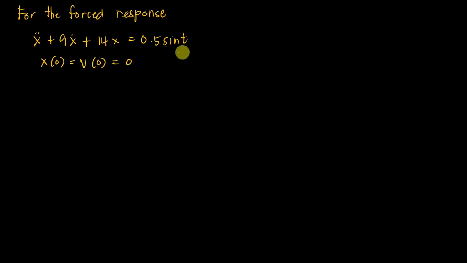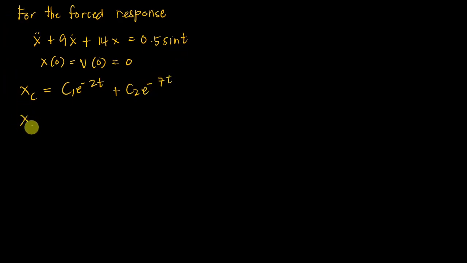And because this is non-homogeneous, ang makukuha nating solution ay dalawa. Meron siyang complementary at saka meron siyang xp, right? So unahin natin yung xc. For xc, yung auxiliary equation niya kagaya lang din nung kanina kasi hindi naman magbabago yung equation. So, we will get C1 e raised to negative 2t plus C2 e raised to negative 7t.